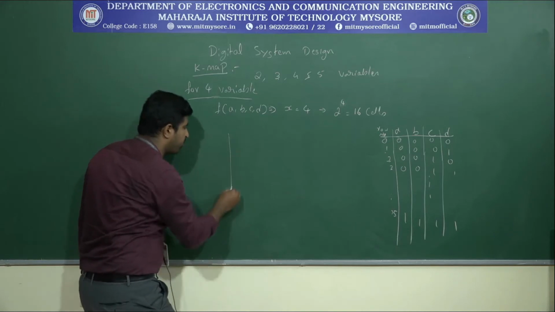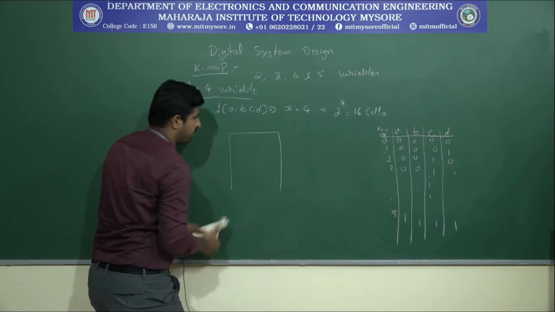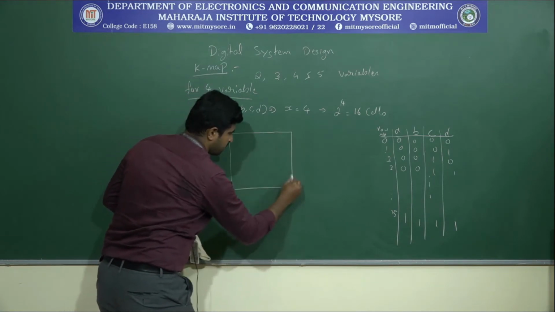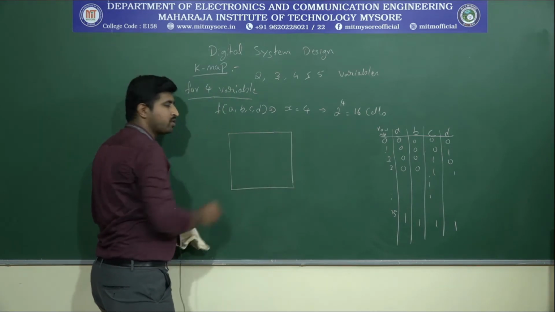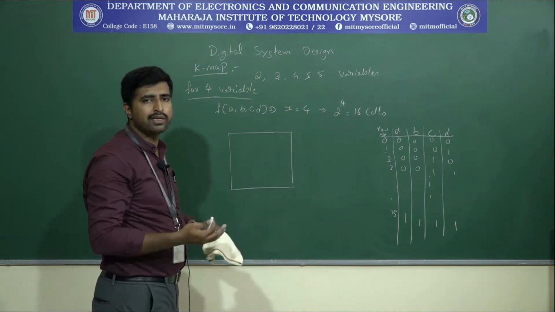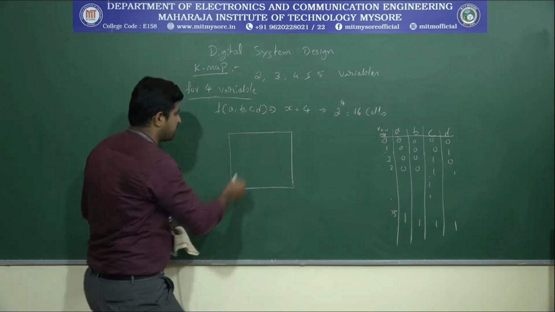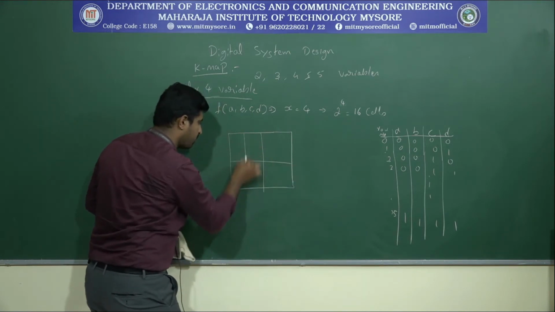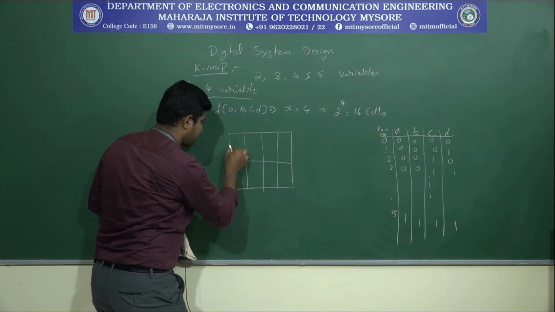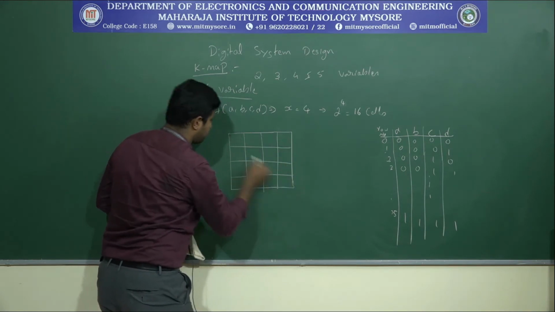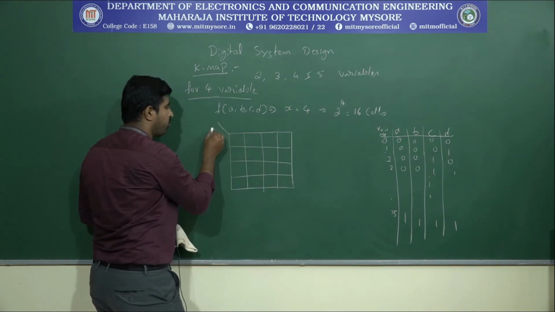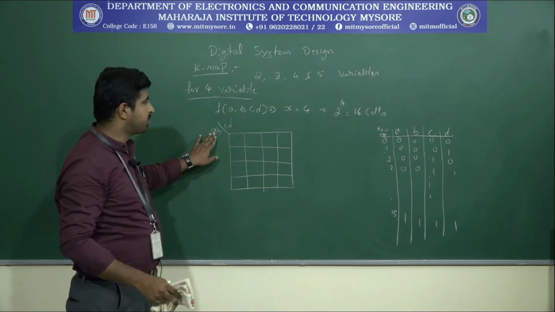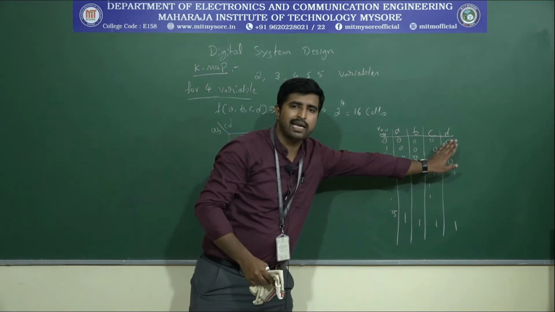So the K-map will have 16 cells. There are 4 rows and 4 columns, 4 into 4, that will be the 16 cells. Here we are going to write the literals as A, B, C, D, MSB first and then the LSB.